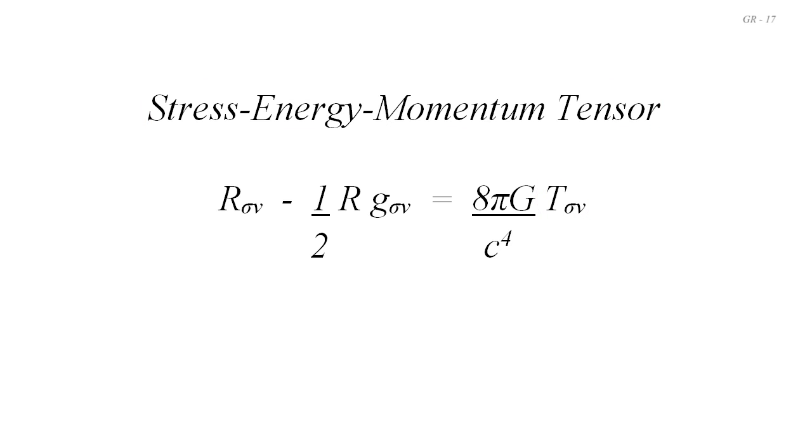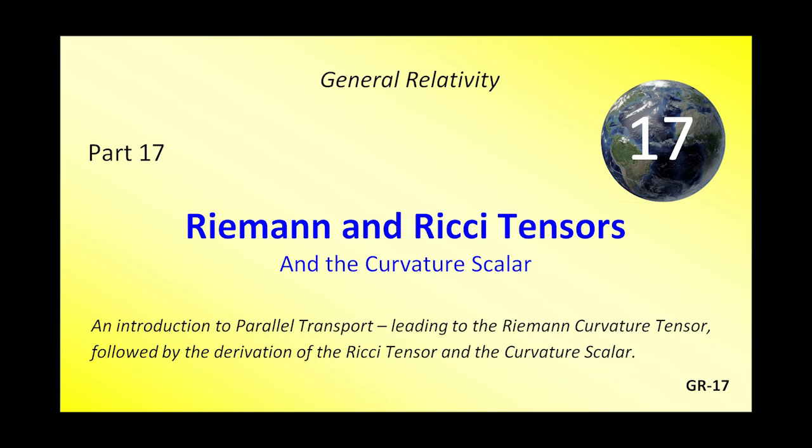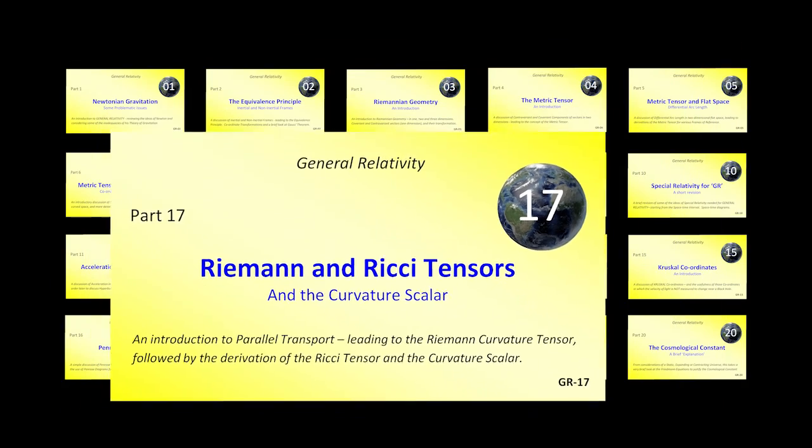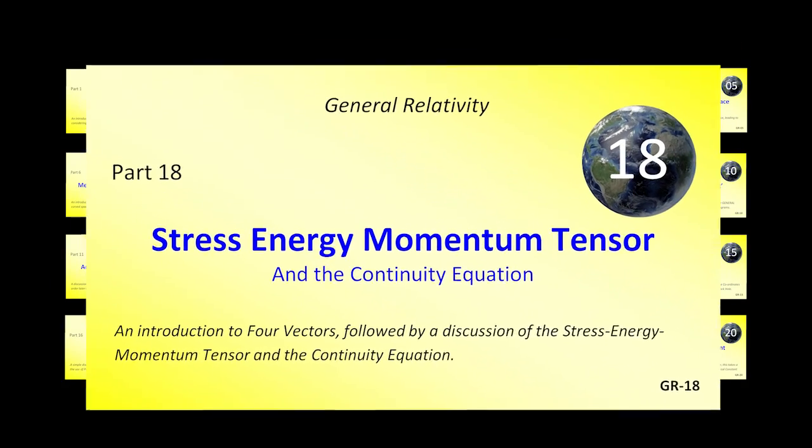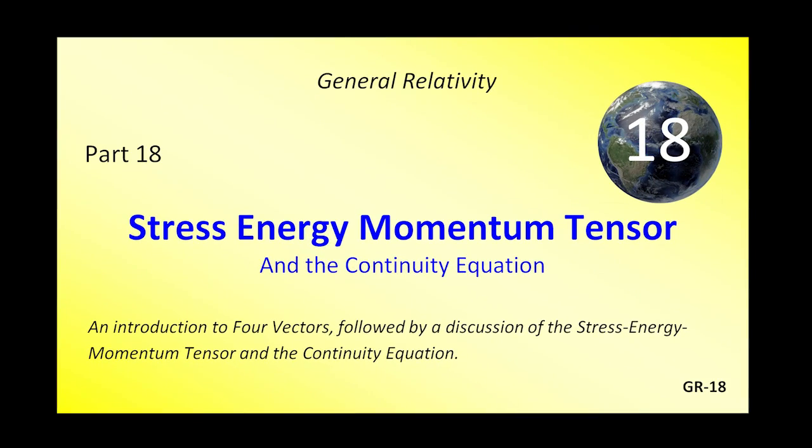And once we've got the stress-energy-momentum tensor under our belt, we can then try to put all the pieces together to create and have at least some understanding of the Einstein field equations. Having discussed the Ricci tensor and the curvature scalar in this video number 17, in the next video number 18 we'll discuss something else that we'll need for the Einstein field equations, namely the stress-energy-momentum tensor.